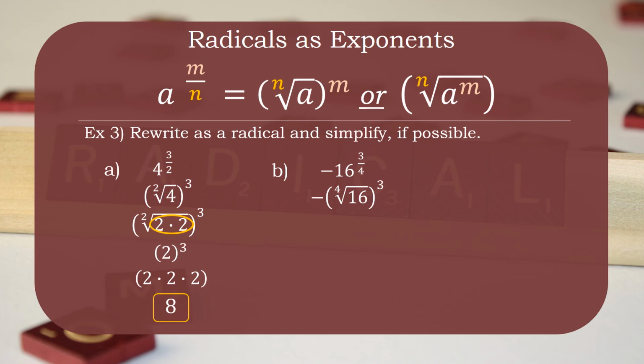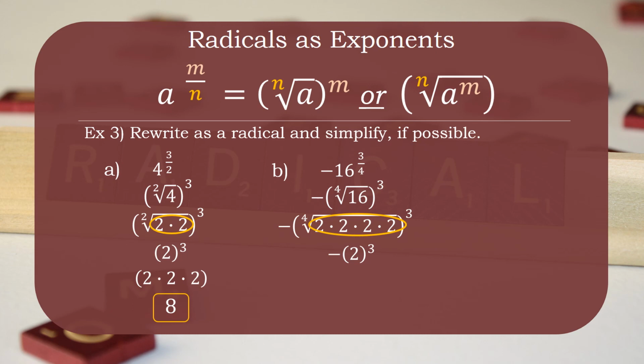We focus inside the grouping symbol, and notice we have that radical, so let's expand 16. 16 is really made up of 2 times 2 times 2 times 2. According to the index, we need 4 to complete a set, and we do have a set. So we simplify. Notice we still have the negative in front.